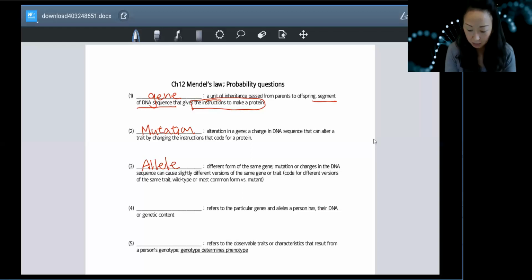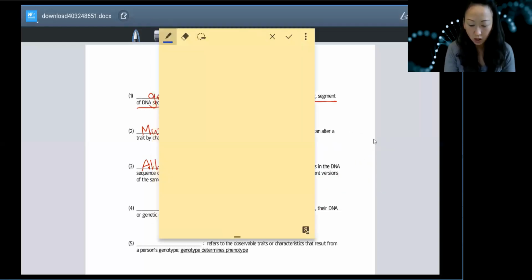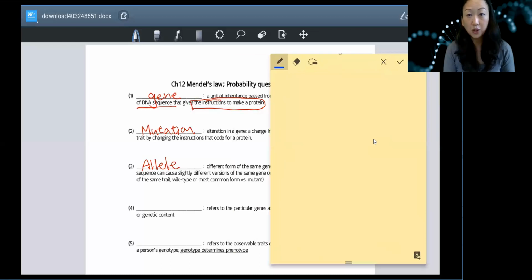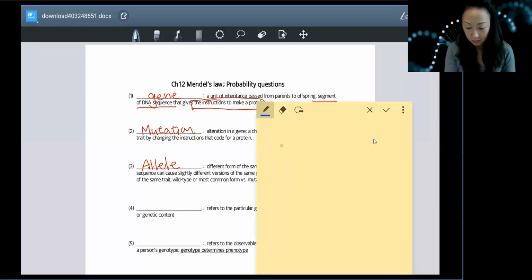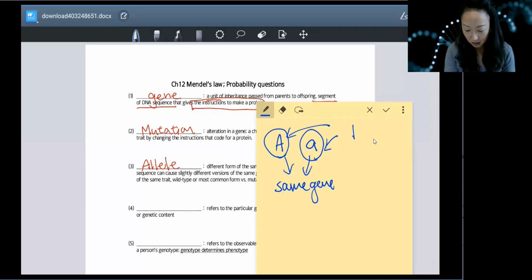Now, I might be able to give you a better illustration. As you learned in high school biology, you probably heard of the big A and the small a, and they both reference the same gene. So that big A and small a are different alleles of the same gene.